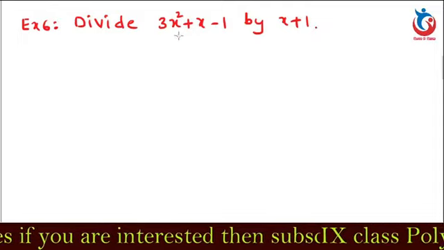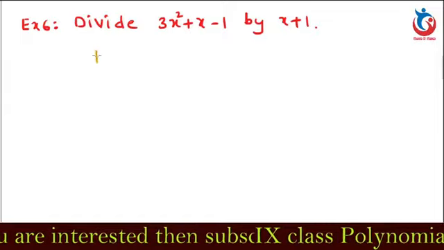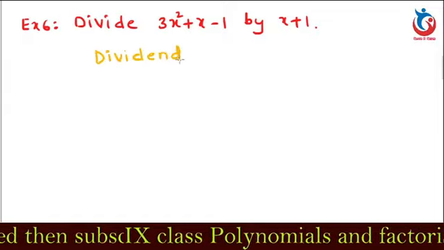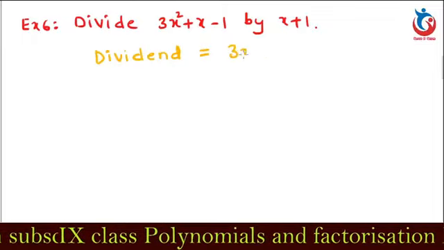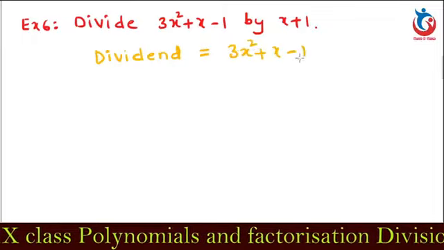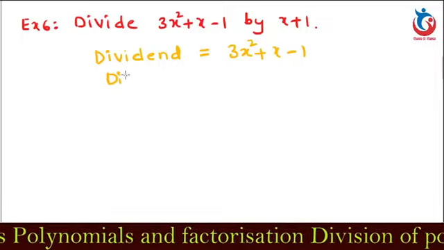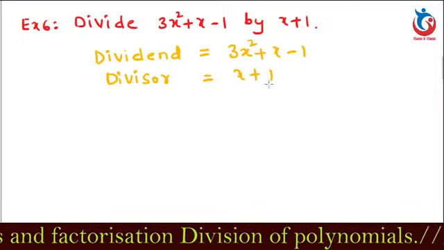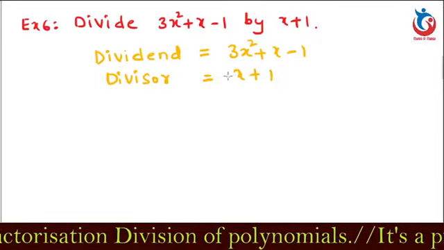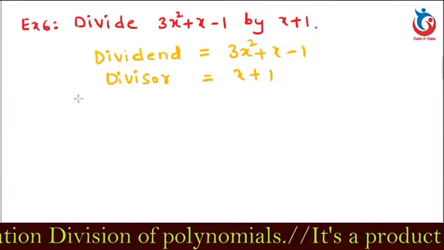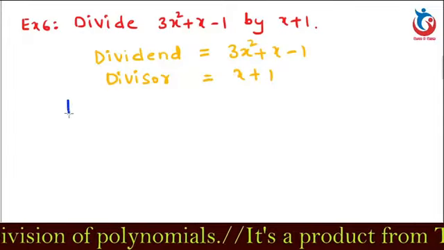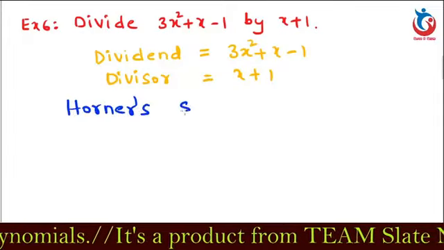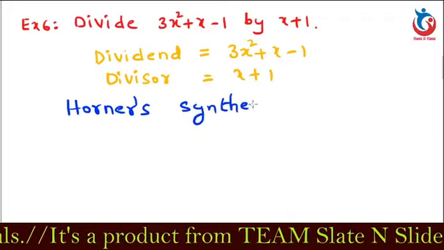For this question, first we will write the dividend. What is the dividend here? The dividend is 3x square plus x minus 1 and the divisor is x plus 1. So we will use Horner's synthetic method to find the quotient and the remainder.